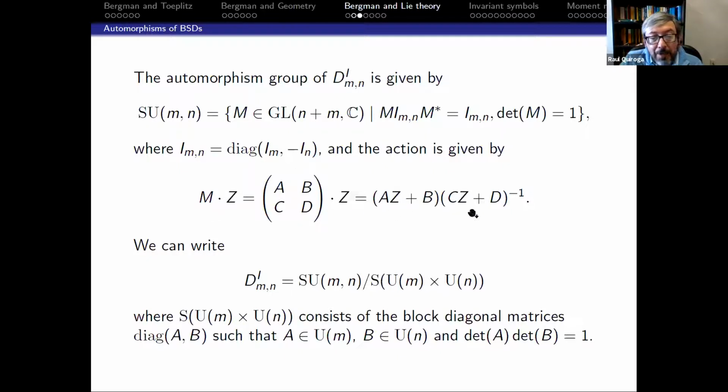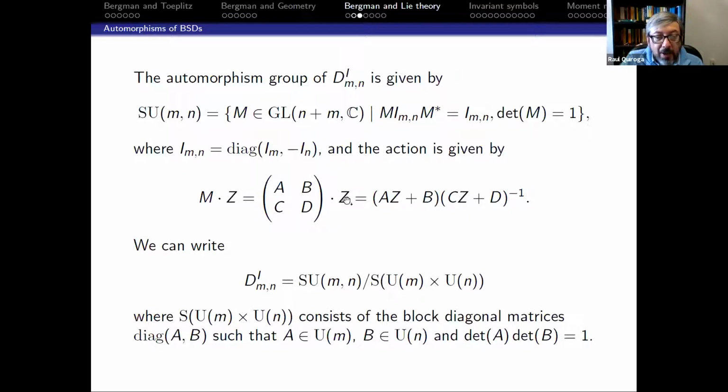The action is given by this expression. You can at once recognize that this is a straightforward generalization of the Mobius transformation in the case of the unit disk. So you can write it as a quotient of groups. This is the whole automorphism group.